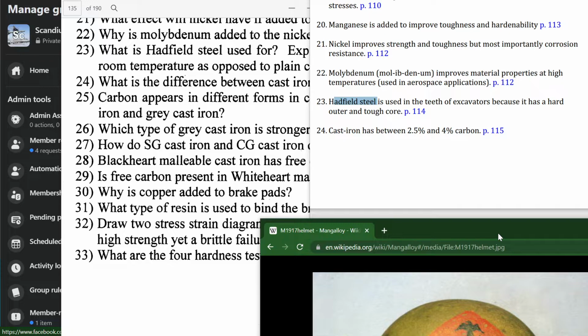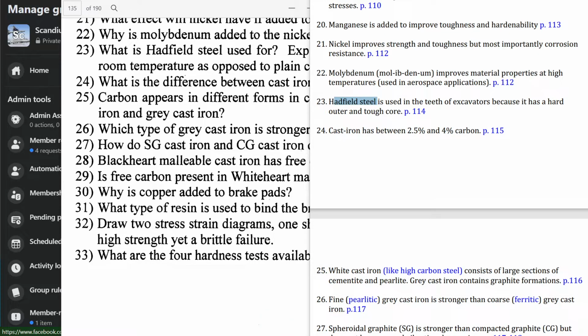So it's not a great answer, but yeah, excavator teeth is another option. And molybdenum was aerospace, so I could have excavator teeth made out of Hatfield steel. I just couldn't find very many good pictures, but maybe excavators sounds cooler. That was the best picture I could find.